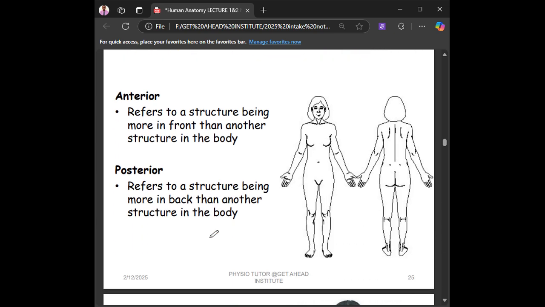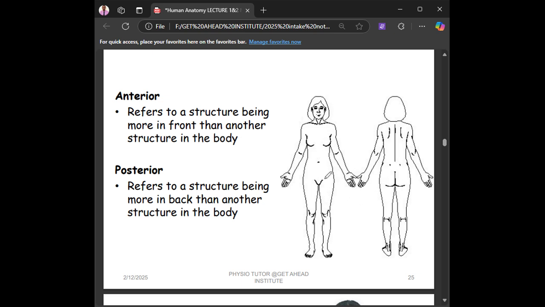Then we have anterior or ventral. You're able to see these illustrations here.